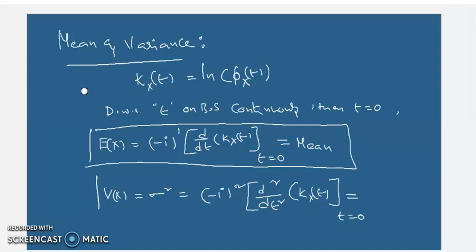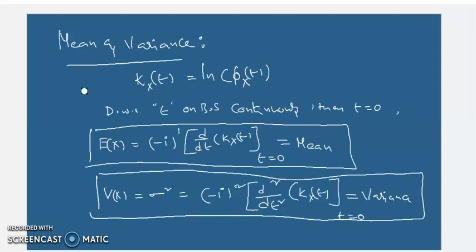This is the variance formula by using C.G.F.